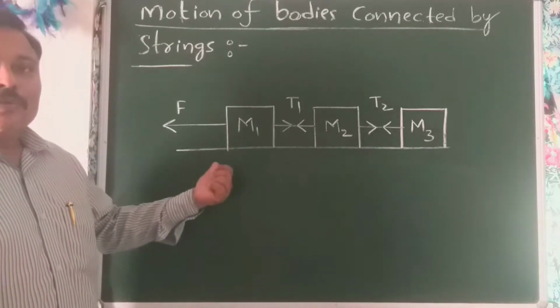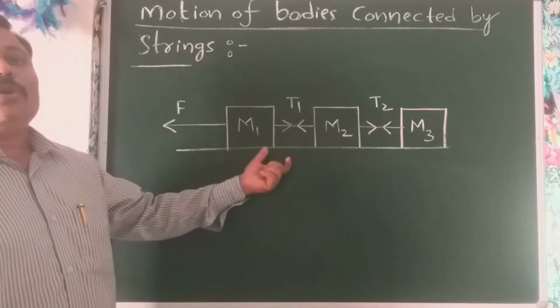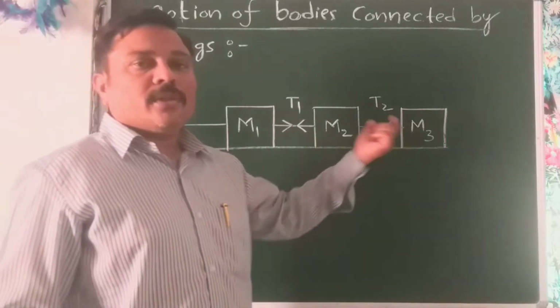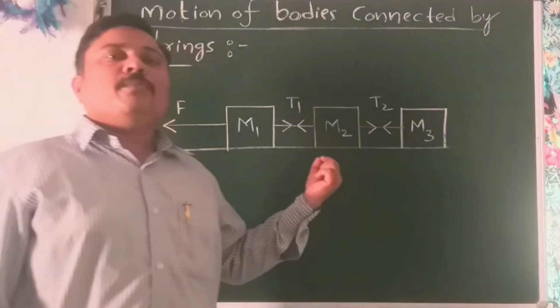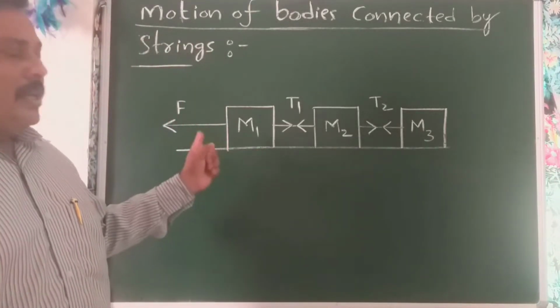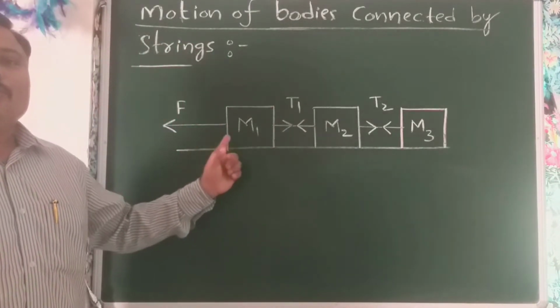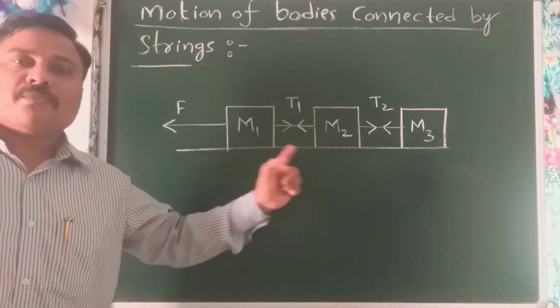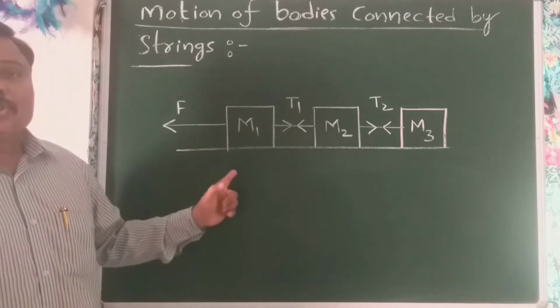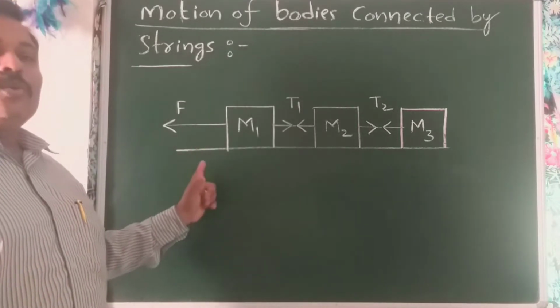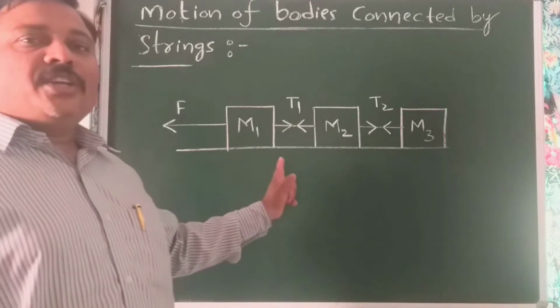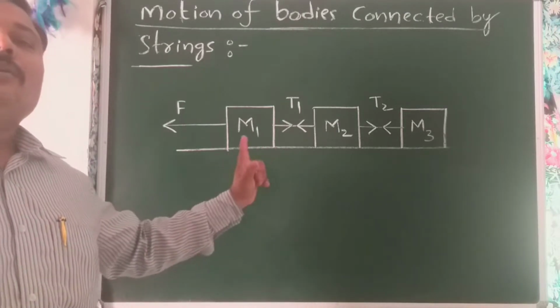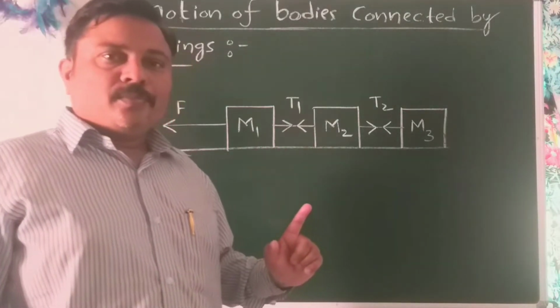In this case, first we have to write the free body diagram for mass M3. Before going to the free body diagram, here three masses M1, M2 and M3 are located on a smooth horizontal surface. Without friction, we are going to discuss the acceleration of the system and the tension in the strings.